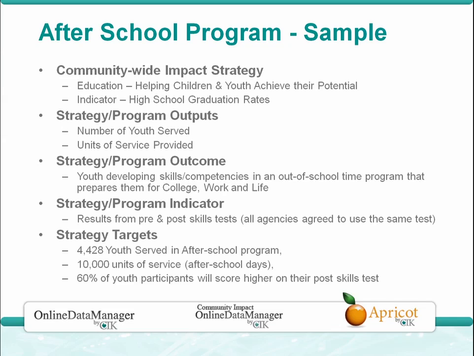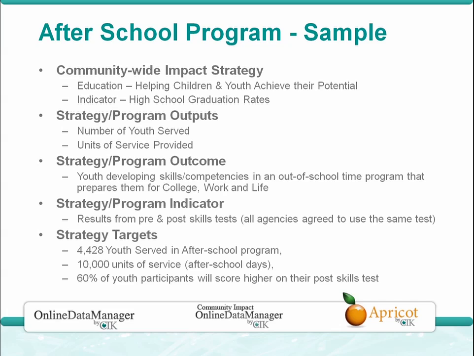Our strategy program outputs were the number of youth served and the units of service provided. So we were tracking both for the outputs, the number of youth provided and the units of service provided, and the units of service were after school days. Our outcome, at both the strategy level and the program level, was youth developing skills and competencies in an out-of-school time program that prepared them for college, work, and life.